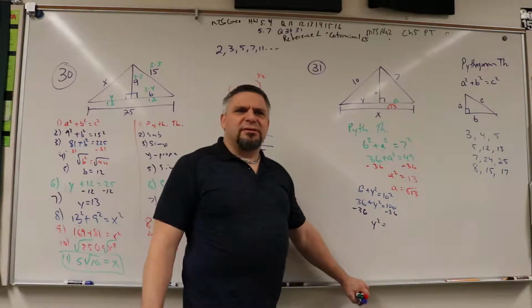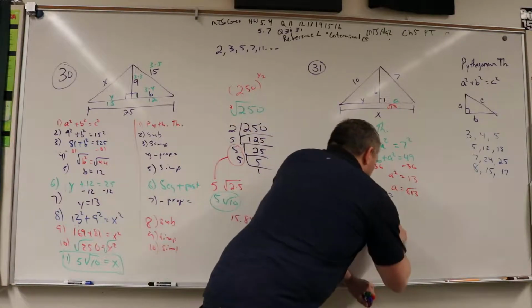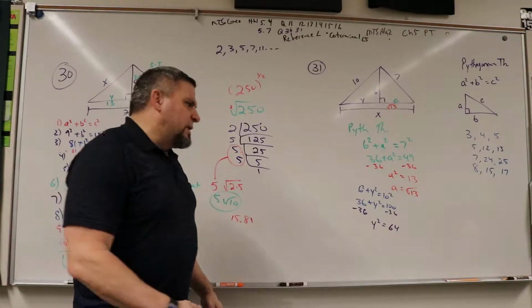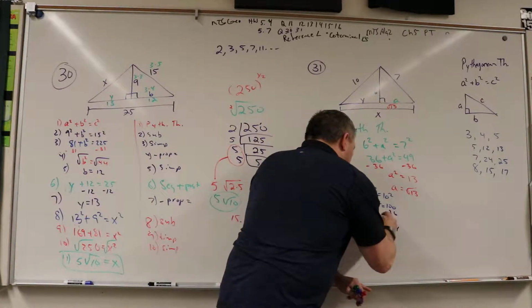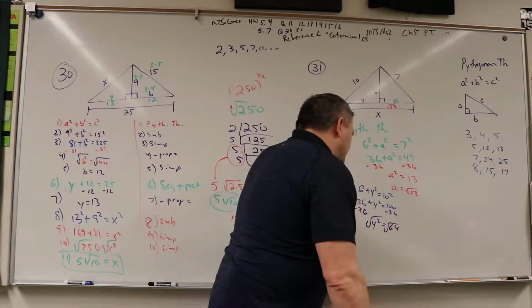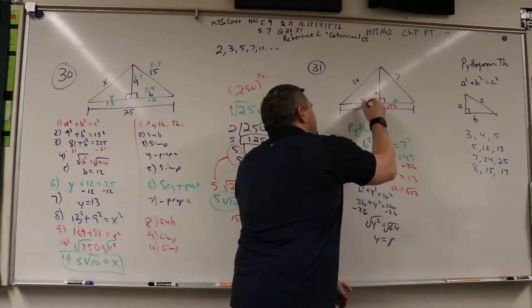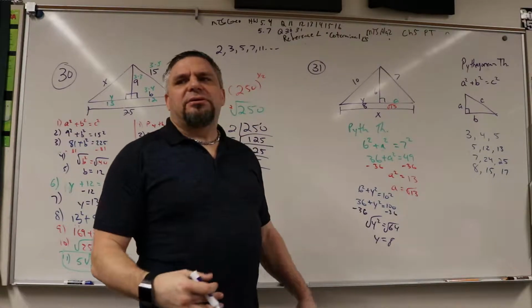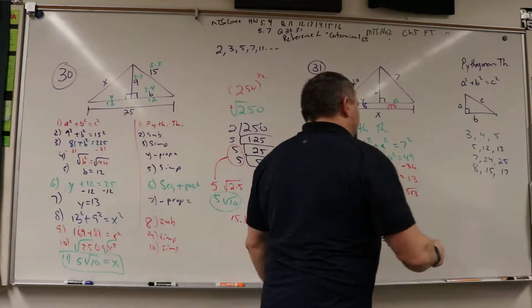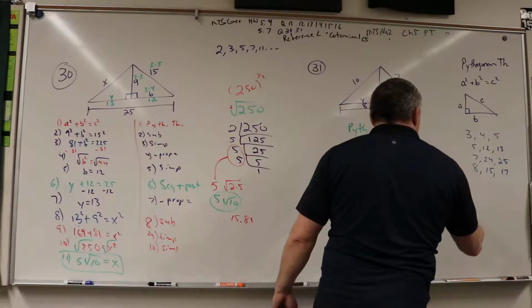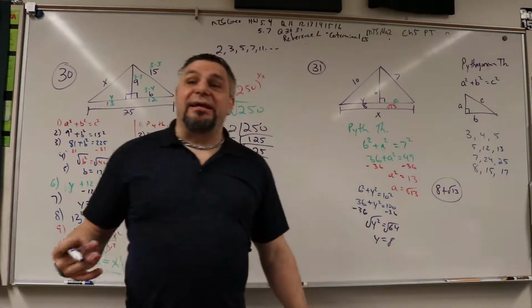Is that correct? And then what is 64? Well, the square root of 64 is 8. So that means this is 8. So then to find out what x is, it's 8 plus the square root of 13. Okay? So that's your answer.